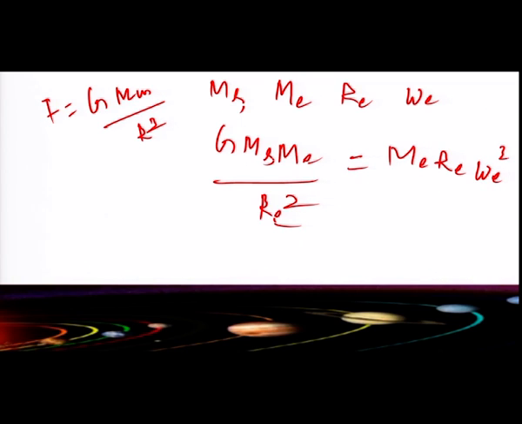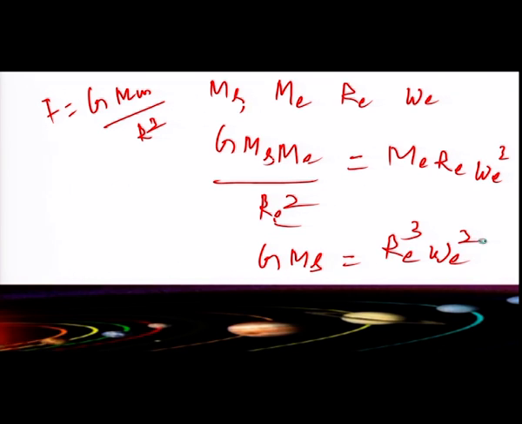Therefore, from this we will calculate G Ms, which is equal to Re cubed omega e squared.